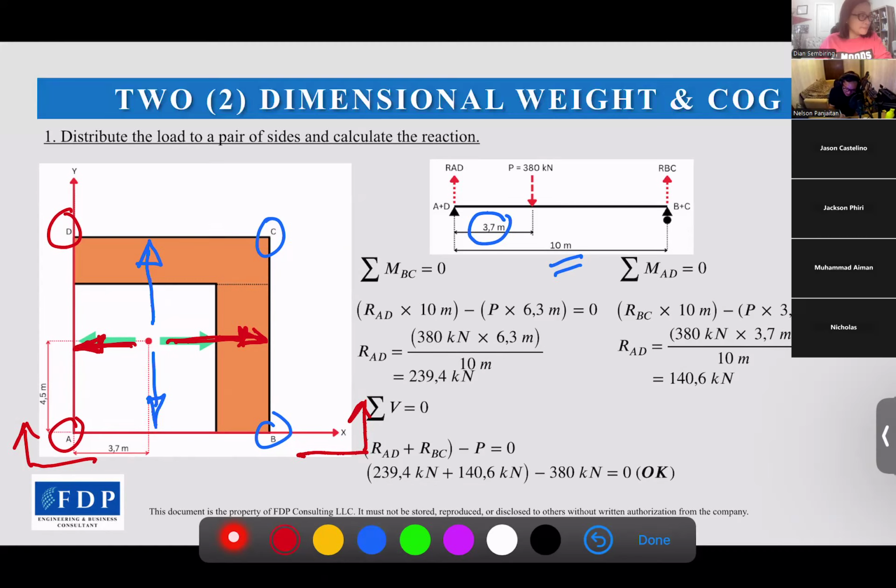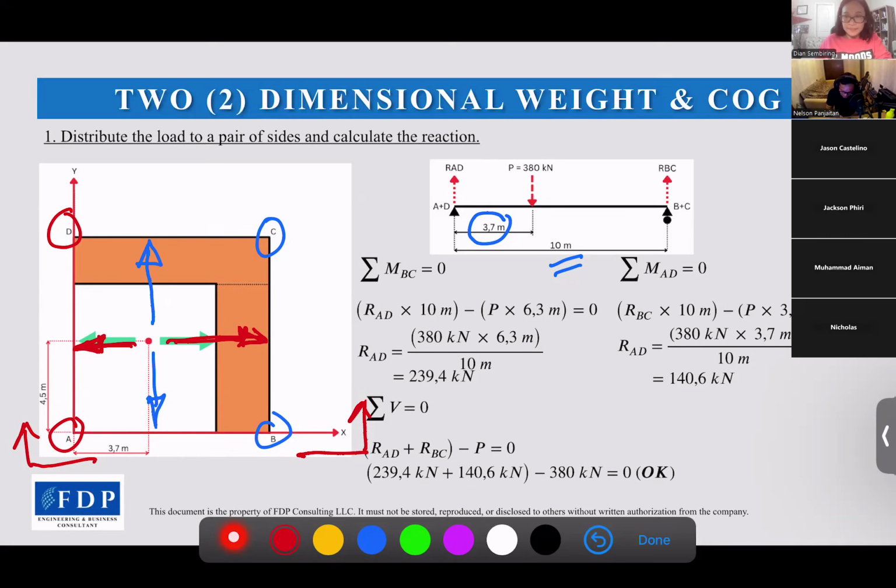AD is a reaction at A plus reaction at D, while BC is a reaction at B plus reaction at C. Once we get the reaction on these AD and BC, for example, the AD reaction, this is the same process as previous.